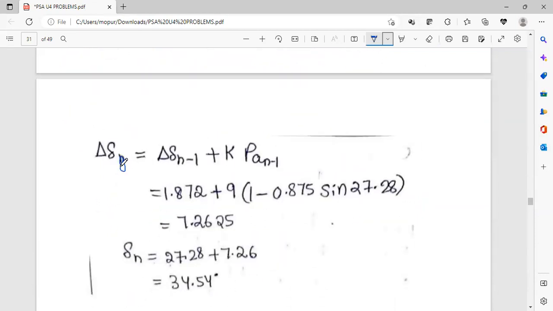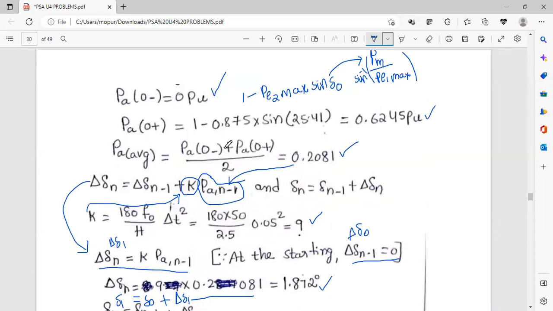This is del 2. Del 2 is equal to del n minus 1, which is del 1, plus k into PA1. Here we had got k into PA0.